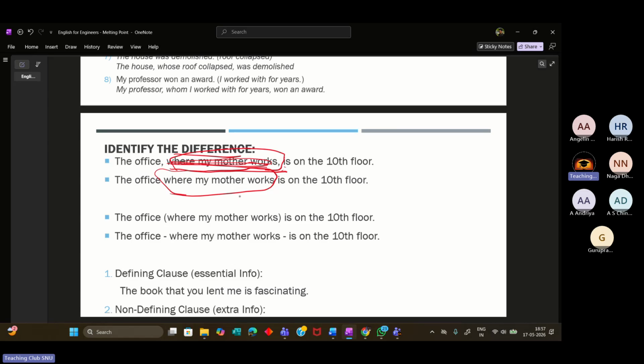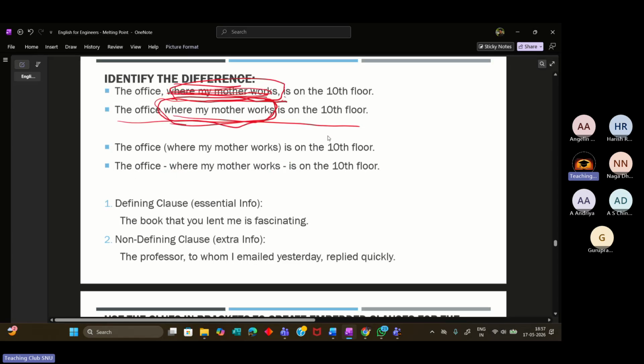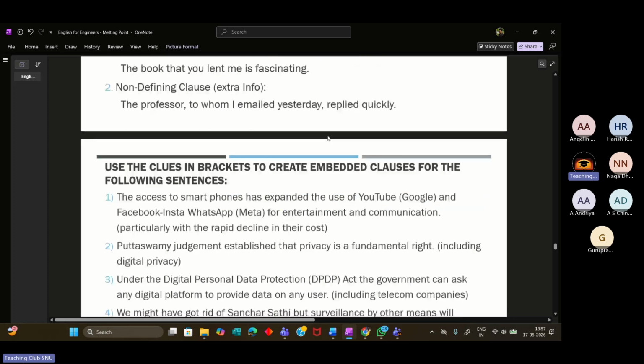So that's when you use this type of sentence, because this particular clause is required to convey the necessary information. That's the difference between the sentence with an embedded clause and one without.